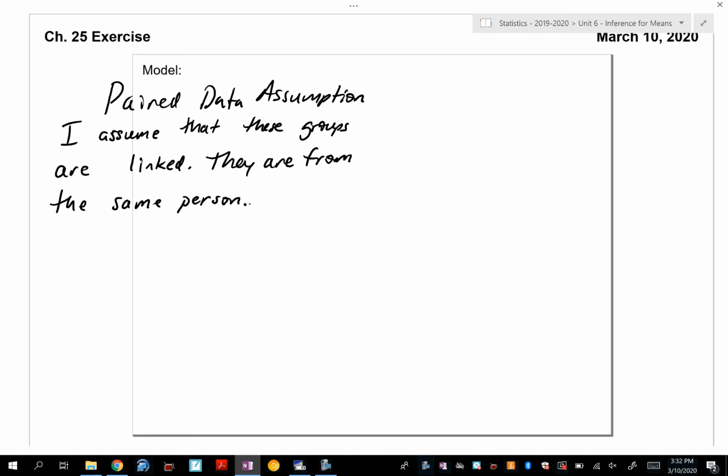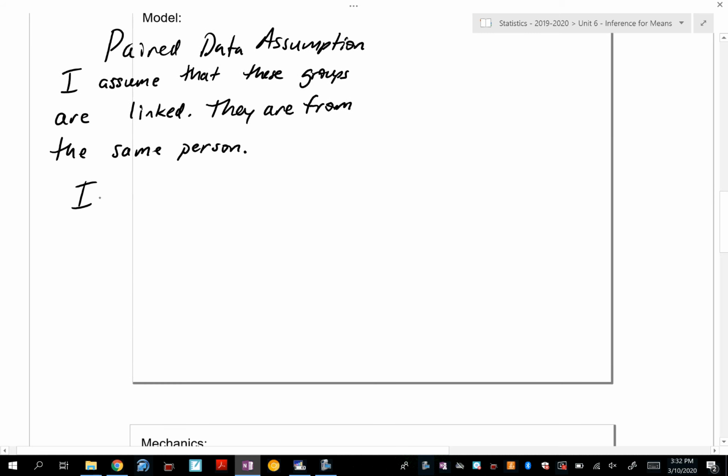Now, we don't have to do an assumption or a condition for this one. We're going to go straight to the next assumption, which is the independence assumption. Now, here's the weird part, guys. Because this is all about the differences, your statements are going to be about the differences. So this statement is one man's difference in pulse rate does not affect another man's difference in pulse rate.